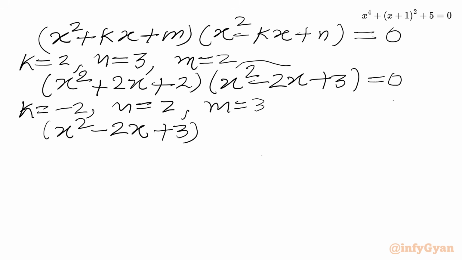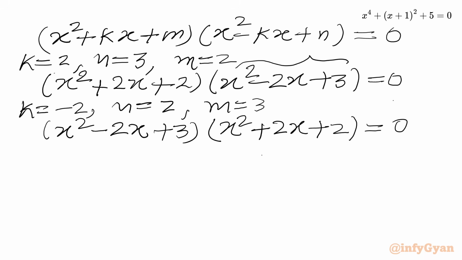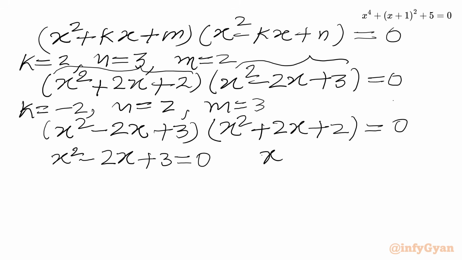And the second bracket would be x square minus kx, k is minus 2, so we will get x square plus 2x plus n, n is 2. Using the product zero rule, we get x square minus 2x plus 3 equal to 0, or x square plus 2x plus 2 equal to 0.